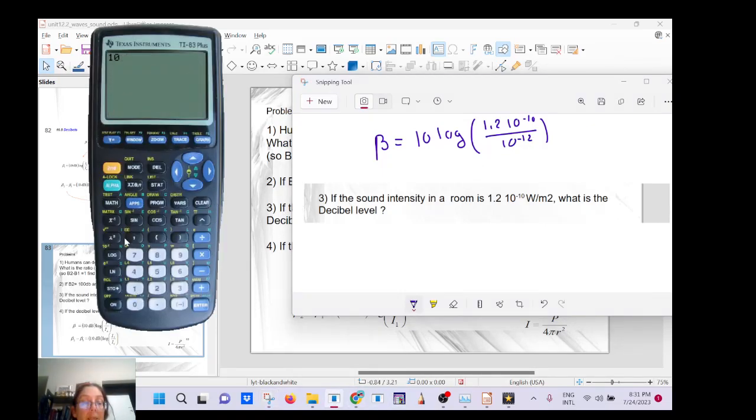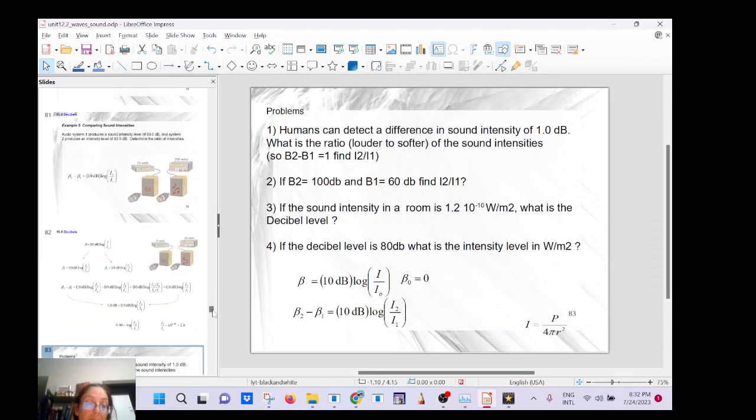We're going to do 10, and then the log, and then 1.2 times 10 to the negative 10, and you divide by 10 to the negative 12. It's about 21 dB on the scale.